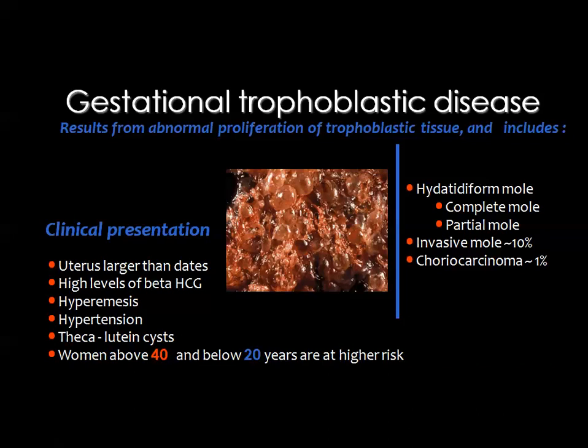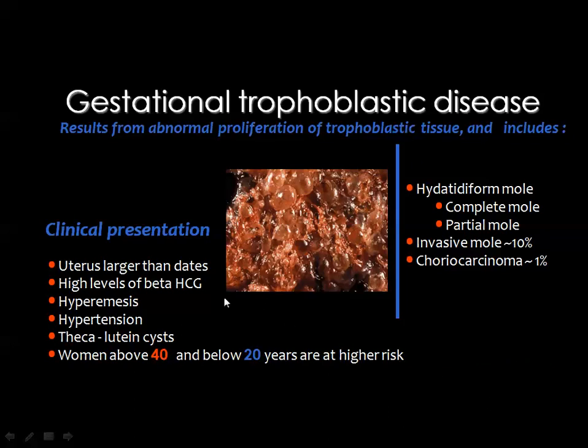Then this is the gestational trophoblastic disease, which results from abnormal proliferation of the trophoblastic tissue, and this will result in one of these forms: the hydatidiform mole, which may be complete or partial, the invasive mole, and the choriocarcinoma. Women above 40 and below the age of 20 years are at higher risk of developing this trophoblastic disease.